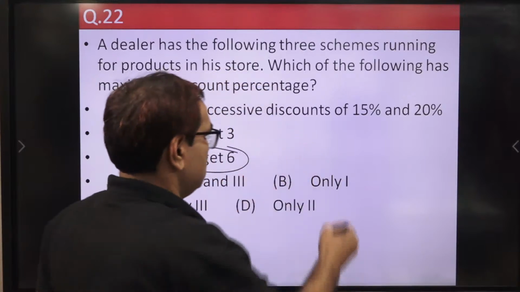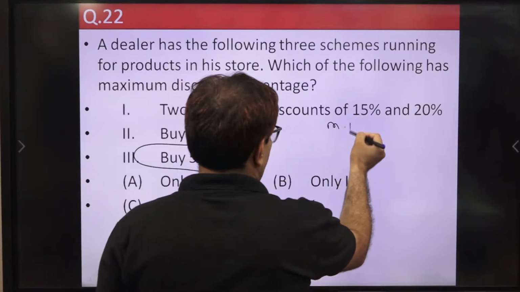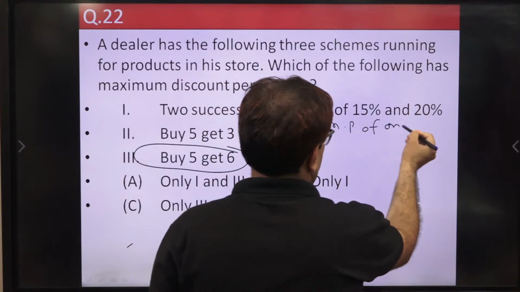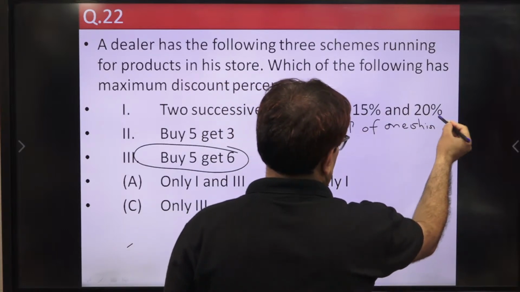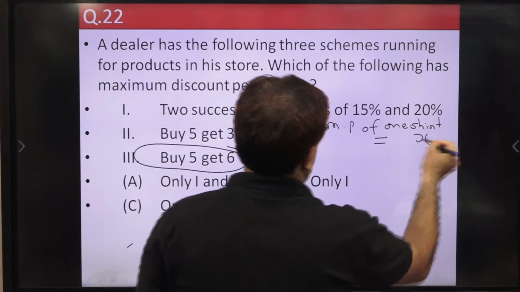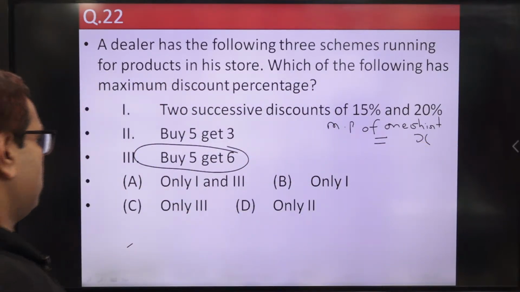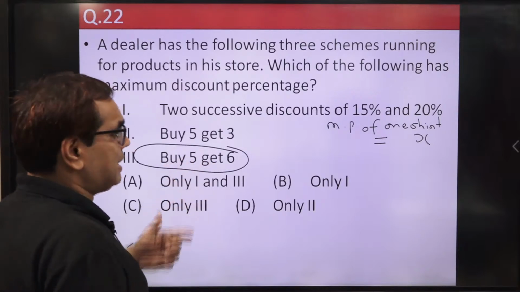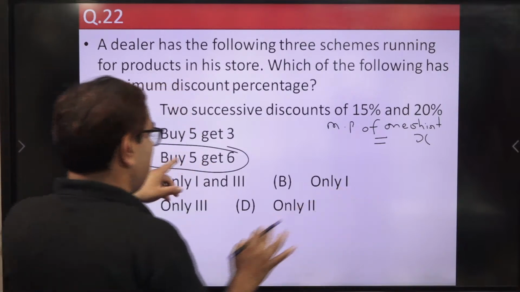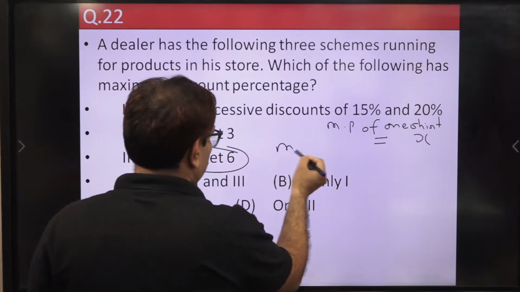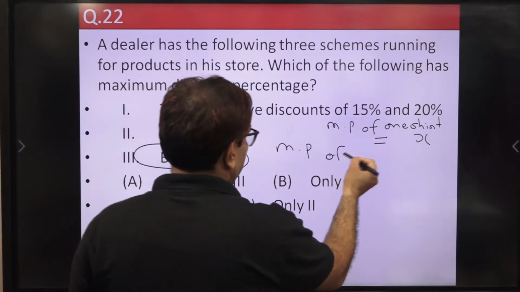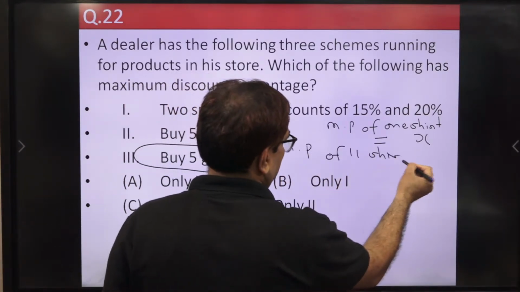So suppose the mark price MP of one shirt is equal to X. So the customer is getting total 11 shirts. So what will be the total mark price of 11 shirts?